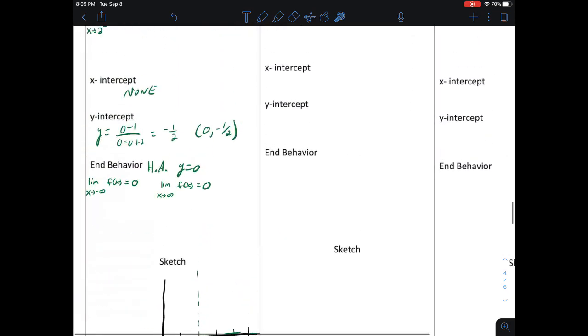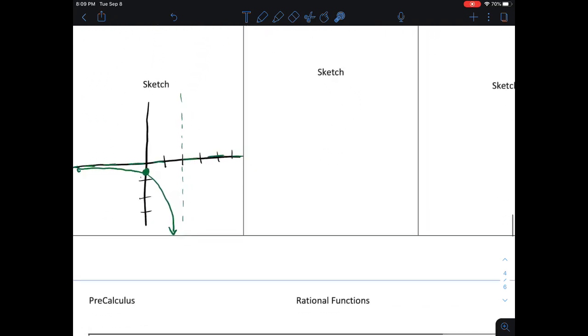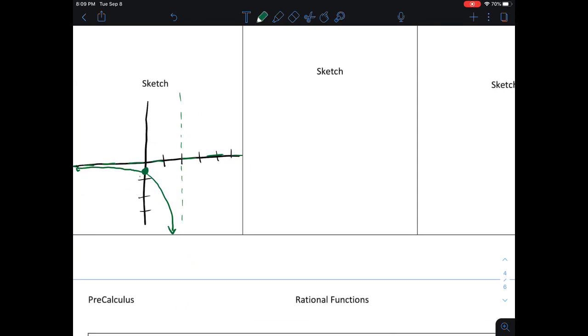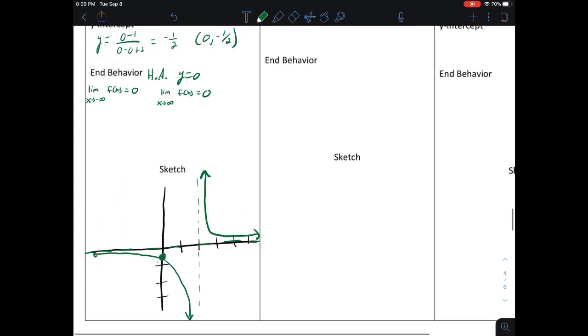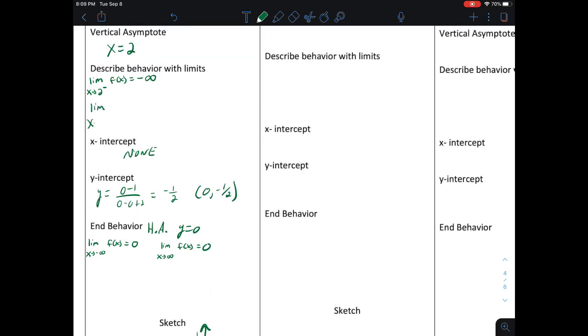But it is not 2 because in factored form, it is not squared. It just has a multiplicity of 1, which means that left and right sides have to point in opposite directions. So as it comes at that vertical asymptote from the right, it has to be increasing without bound. Describing that behavior with limits would be the limit as x approaches 2 from the right-hand side of this function of x is increasing without bound, so I say equals positive infinity.